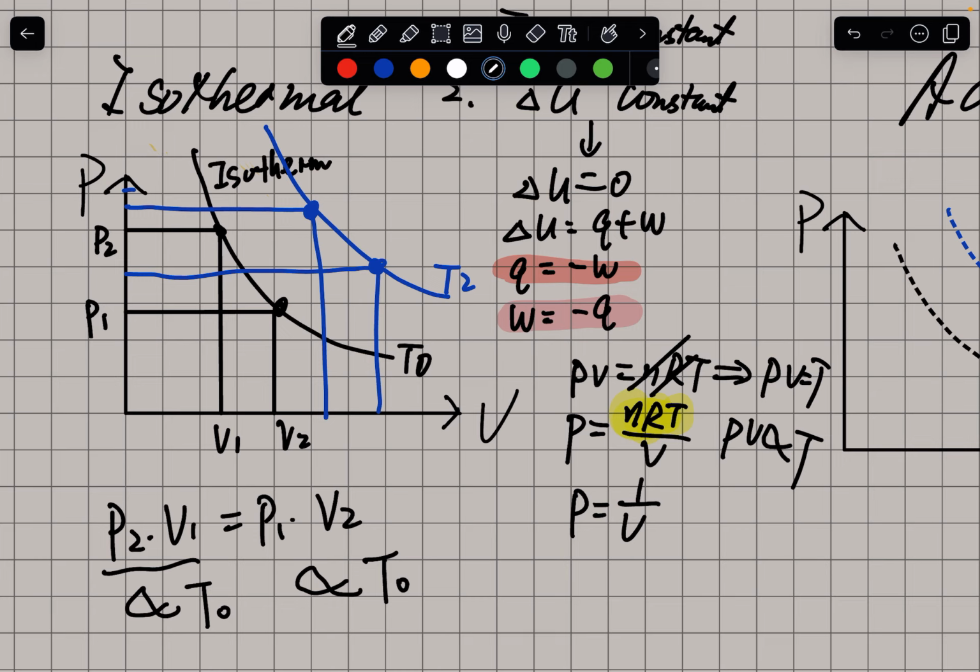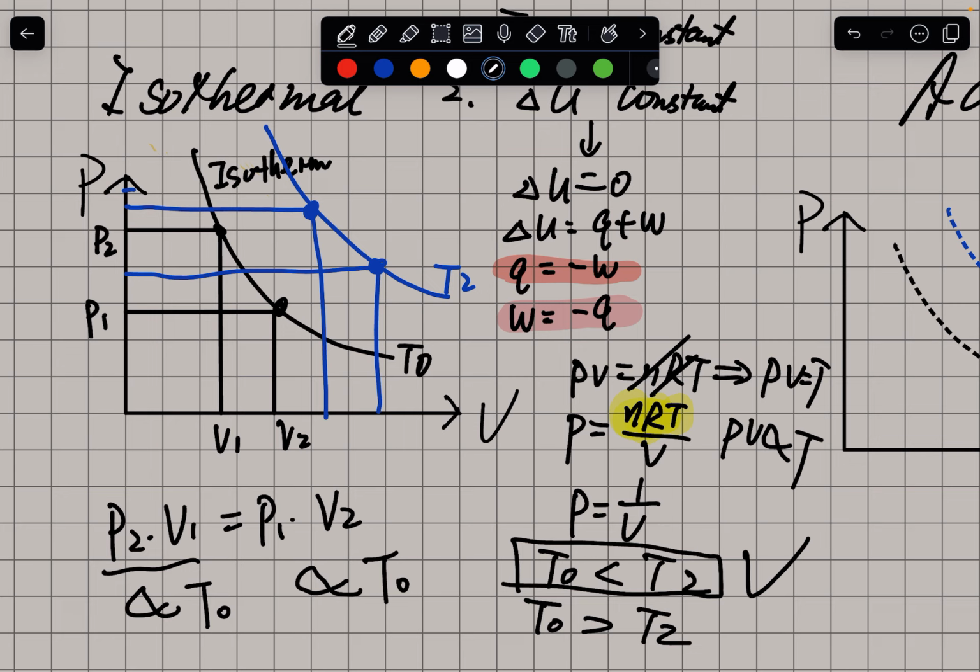Okay, all right. So the question is, is T null smaller than T2 or larger than T2? The answer is T null is smaller than T2. T2 is larger than T null. Why?